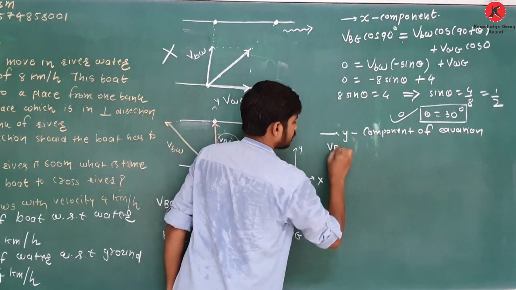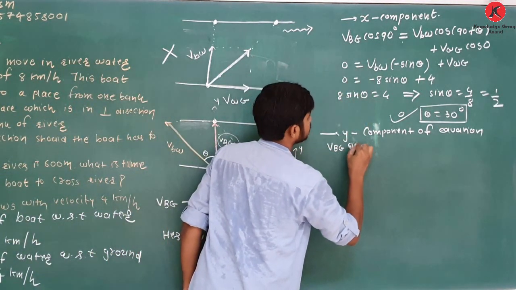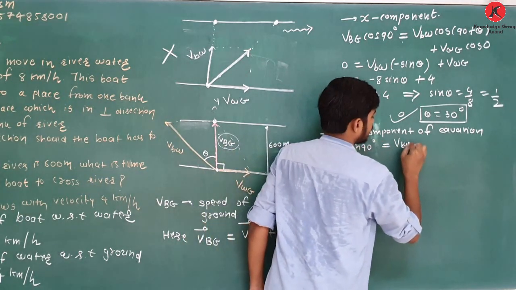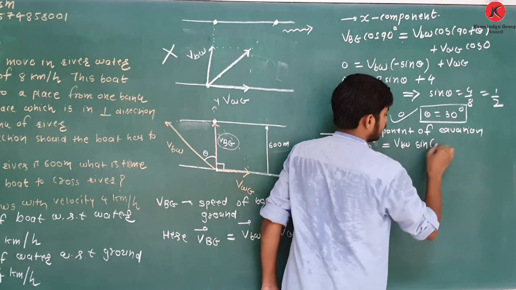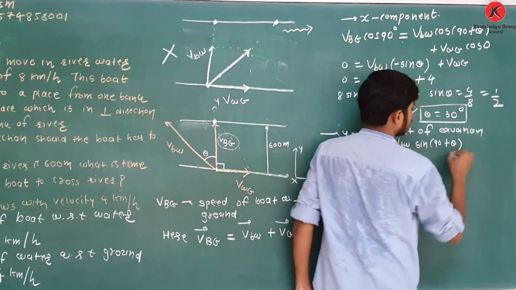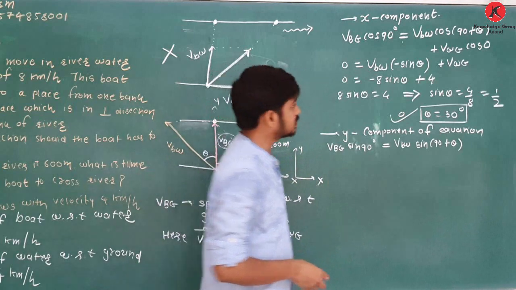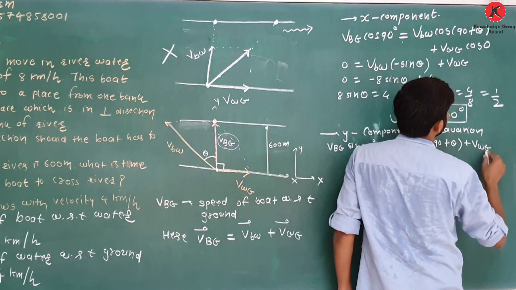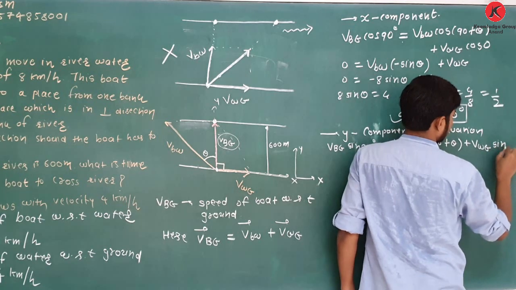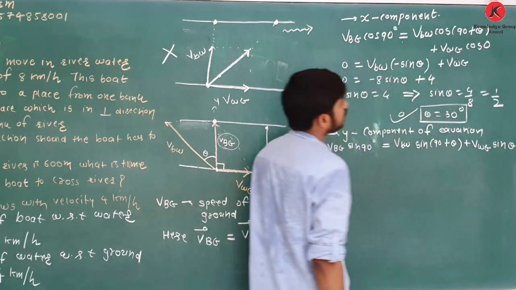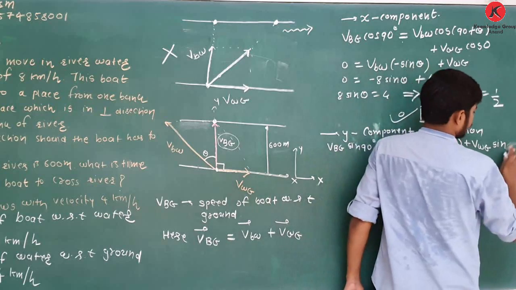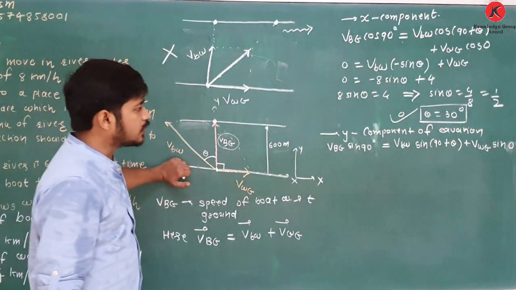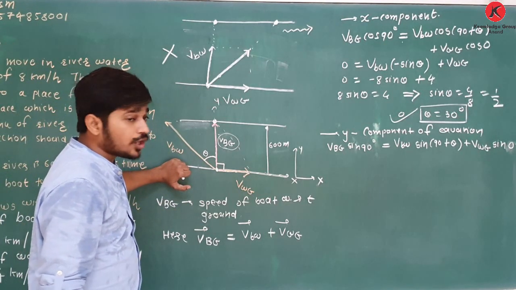It is VBG sine 90 is equal to VBW sine of 90 plus theta, plus VWG sine theta. Clear about this?